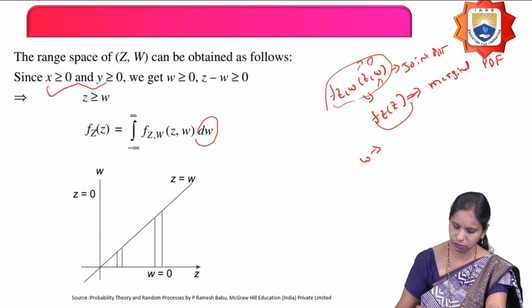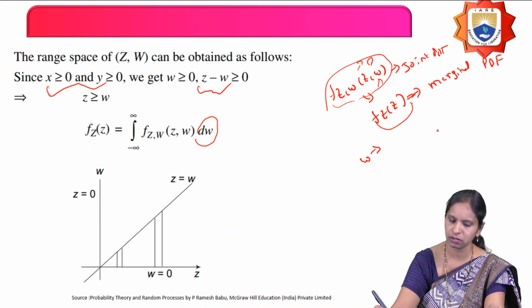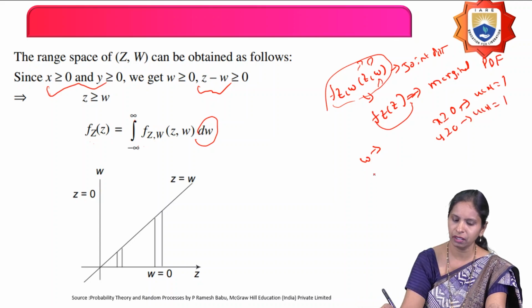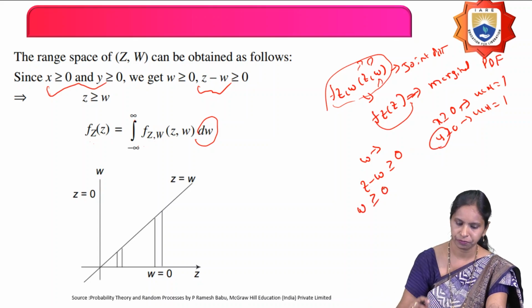In place of x we have z minus w, so z minus w is greater than or equal to 0. Similarly, in place of y we have w, so w is greater than or equal to 0.